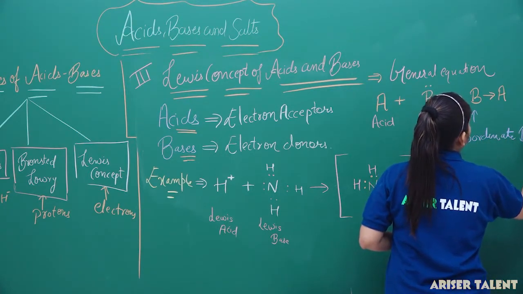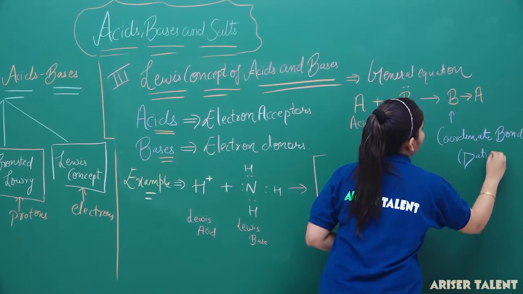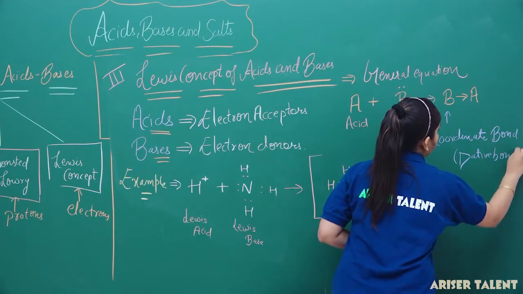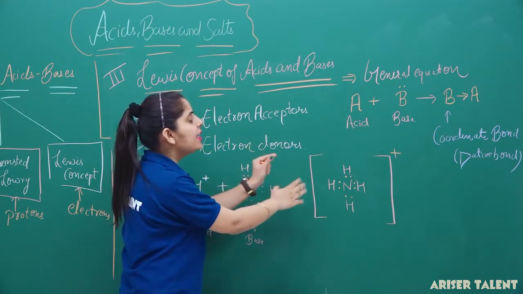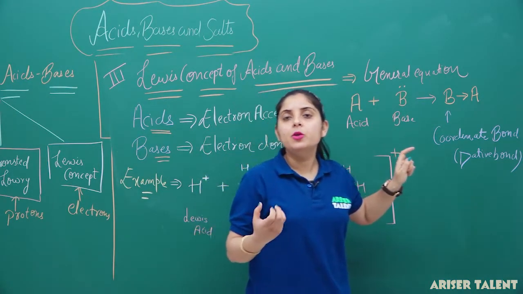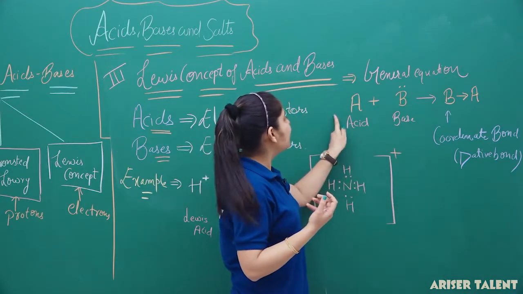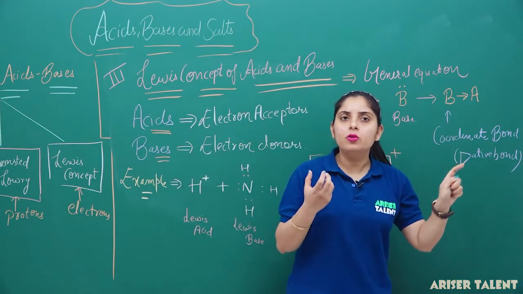This is another term for the coordinate bond. So you can easily see here that the base having a lone pair of electrons is able to give its lone pair of electrons to the acid. So acids are electron acceptors and bases are the electron donors.